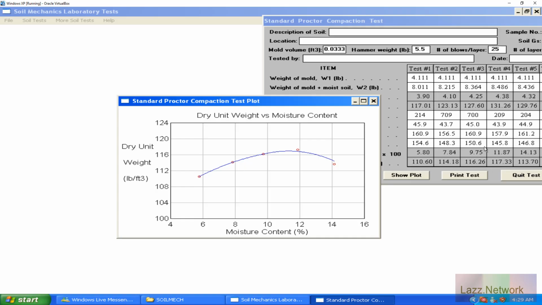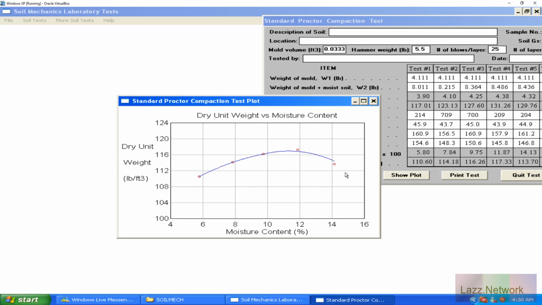Even though we know the highest point is here, which we can see right here, this curve doesn't necessarily have to be a best fit curve or connect all the points. Technically, if you were to hand plot this using a French curve, most of the time people will connect the dots.